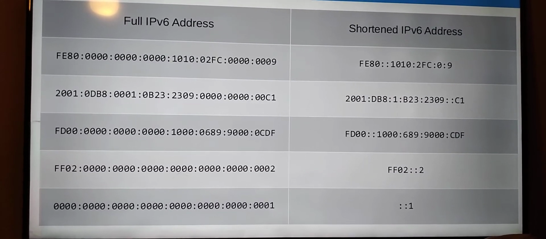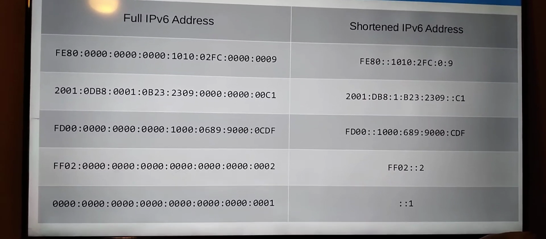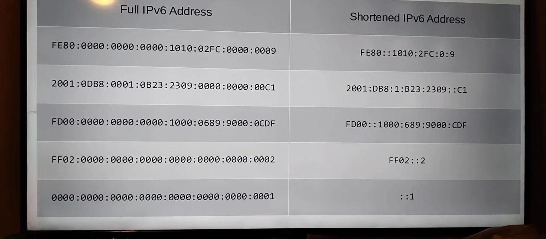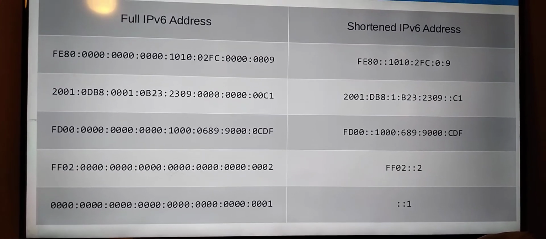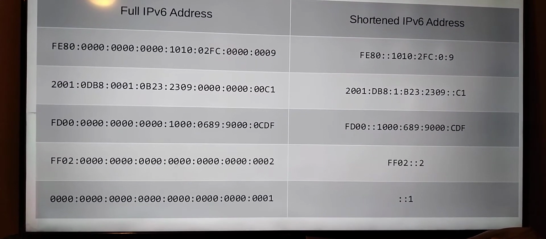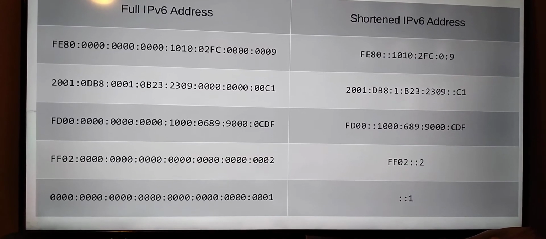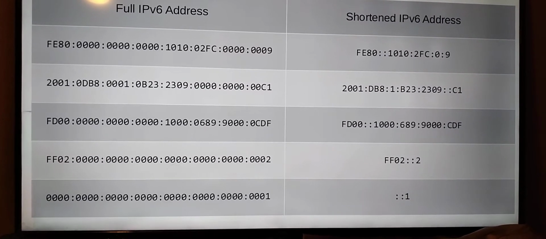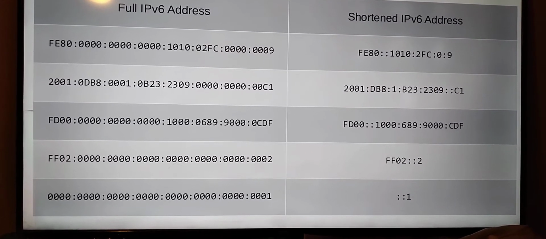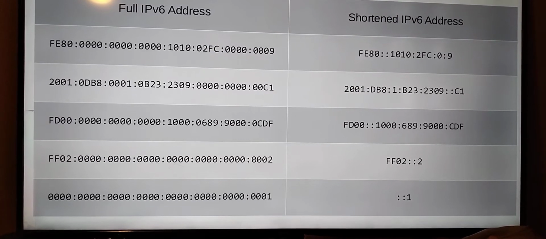And the address is not written as something dot something. Everything is separated by a colon, as you can see on the screen. 4 hexadecimal digits separated by a colon, and so on. As you can see on the screen are examples.